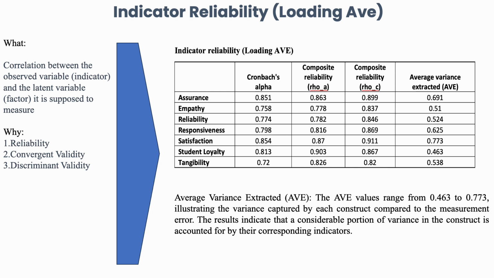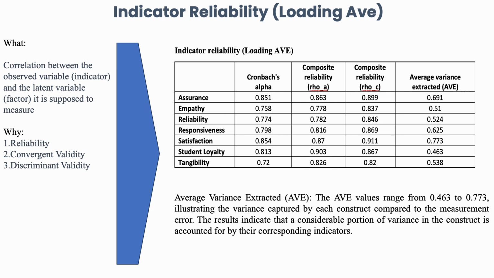Now, if we look into the assignment, this is the outcome of the indicator reliability analysis. And what can be found from this table is, number one, composite reliability. The composite reliability coefficients, rho A and rho C, assess the overall reliability of the construct.